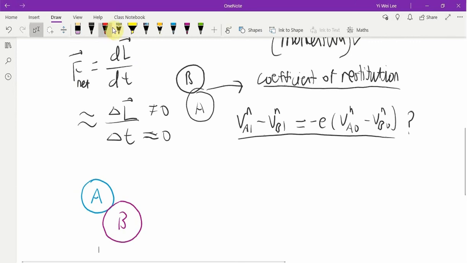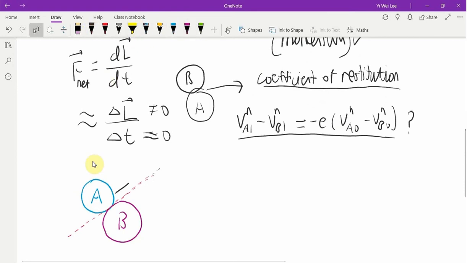The plane of collision is denoted by this red dotted line here. This is my plane of collision.